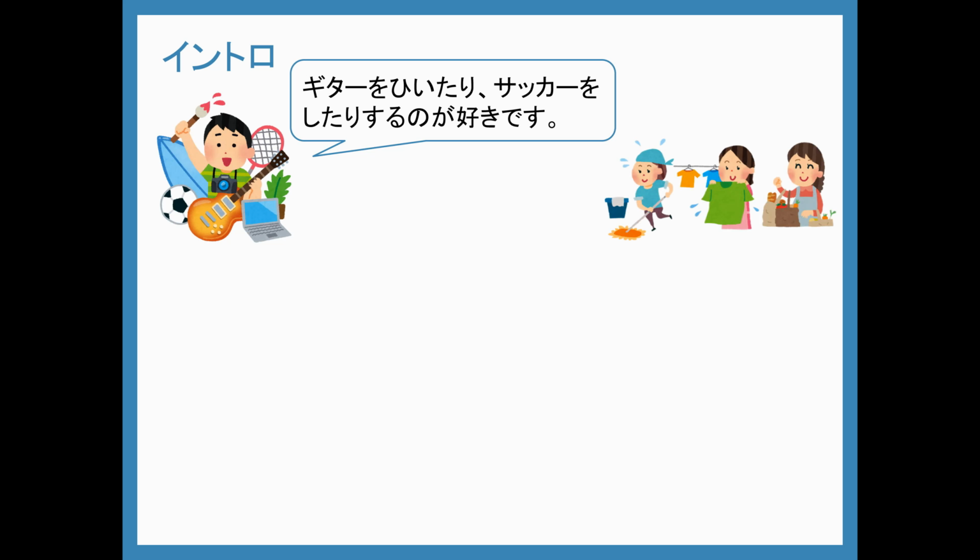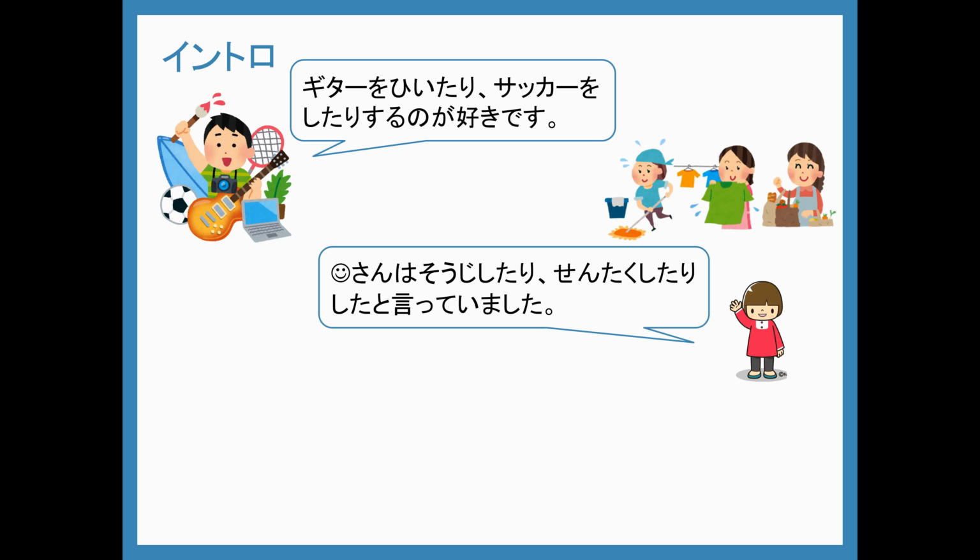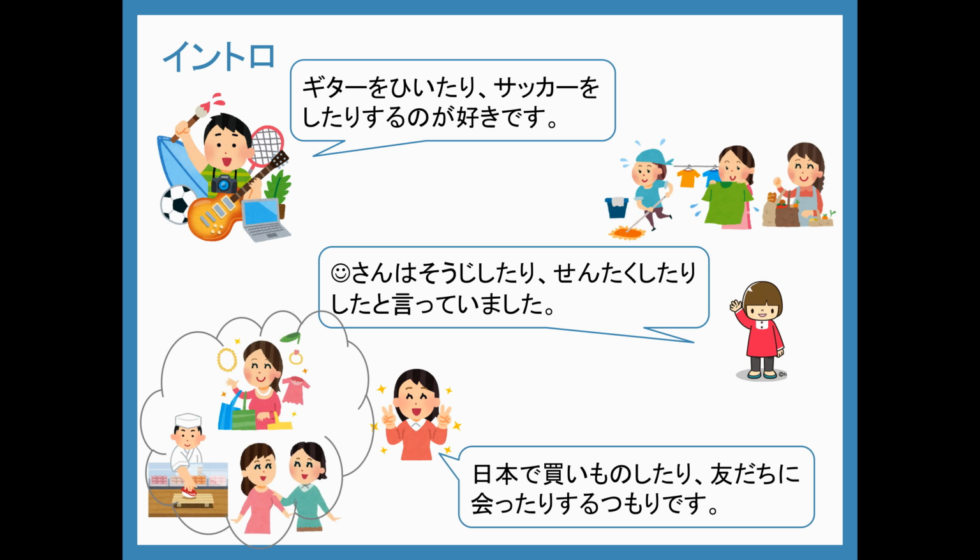Or, スマイリーさんは掃除したり洗濯したりしたと言っていました。This is a person who did a lot of things, but specifically they said that they did cleaning and laundry, among other things. 日本で買い物したり、友達に会ったりするつもりです。So here we have a person who wants to go shopping and meet their friends in Japan, among other things that they want to do. But going shopping and meeting their friends are some examples.